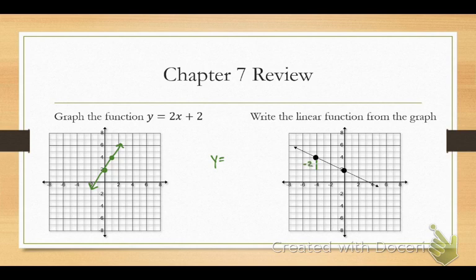Down 2 over 1, 2, 3, 4. So negative 2 over 4, would that reduce? Negative 1/2 x. Where does it cross the y-axis? Plus 2. Okay, so hopefully those will be easy points on your test tomorrow. All right, and that's everything for your test tomorrow.